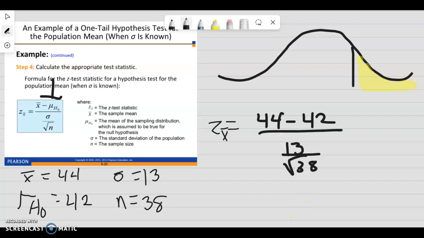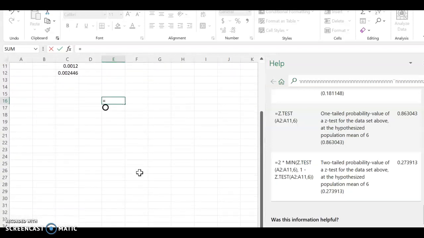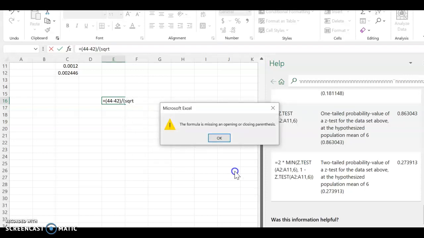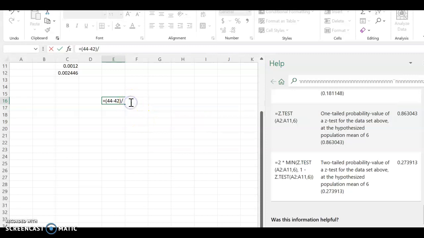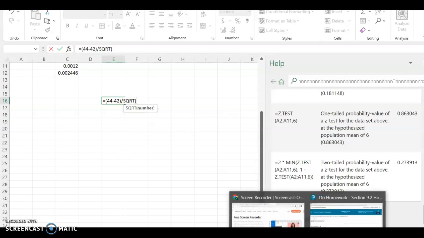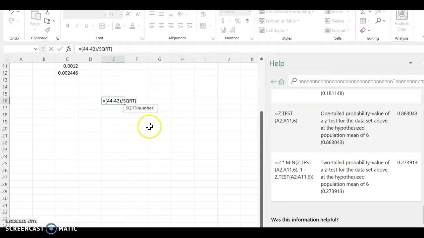So 44 minus 42. What I'm going to do is go ahead and just down here, I'm going to put 44 minus 42, I'm going to use this calculator, divided by the square root of 13 divided by the square root of 38.